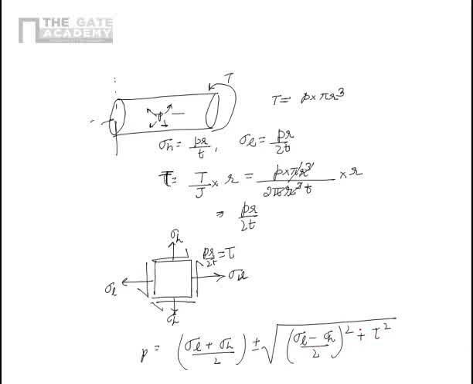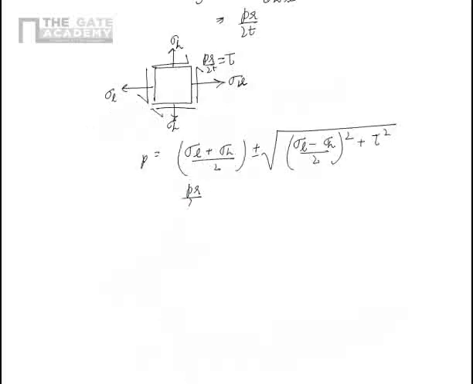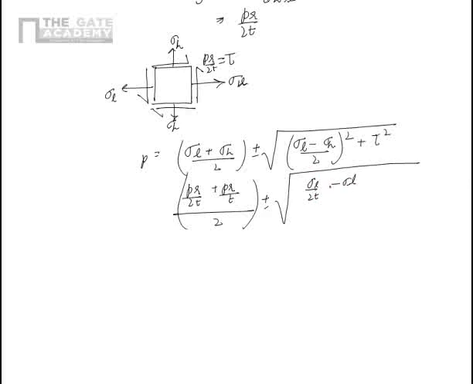So now what is the value? Sigma L plus sigma H: sigma L is PR upon 2T plus PR upon T, divided by 2, plus and minus square root of (PR upon 2T minus PR upon T by 2) square plus (PR upon 2T) square.